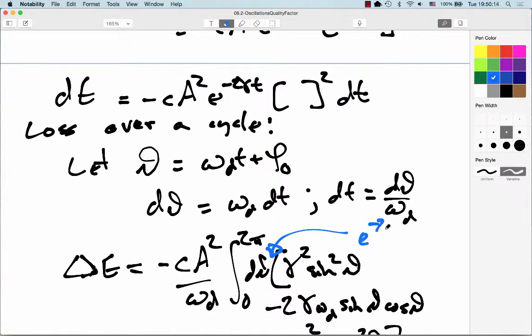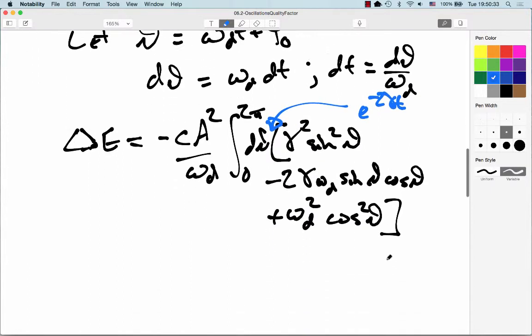My e to the minus 2 gamma t, and yeah, I'm just leaving it like that. And here's why I'm going to get away with that. This integral will be insanely hard to do if I have to leave that exponential in there. It's still going to be a little ugly anyway, but it's going to be insanely hard if the exponential's in there.